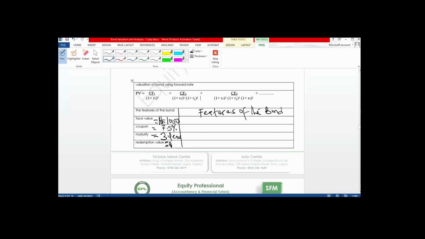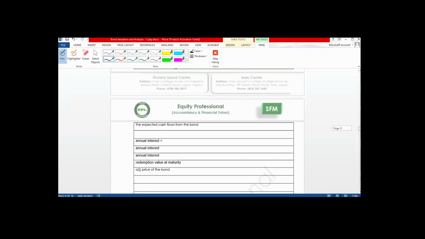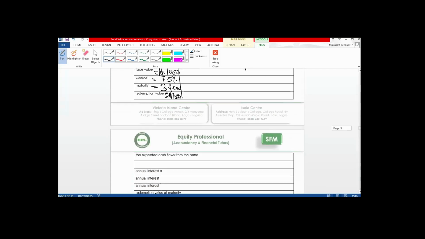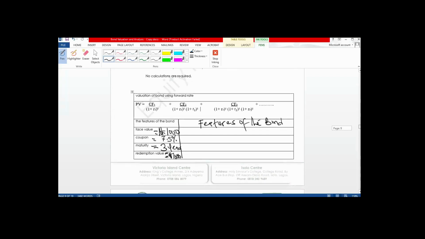Is that clear? Yes, sir. Very clear. Where the examiner is silent about the redemption value of a bond at maturity, we assume that the bond will be redeemed at the par value.